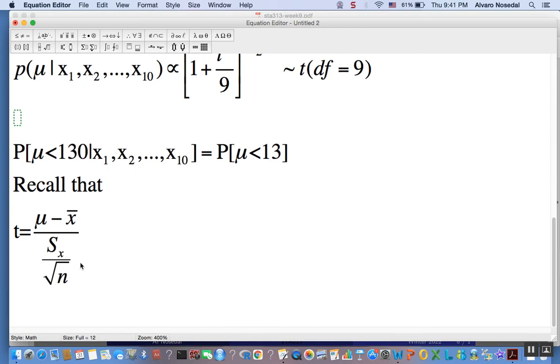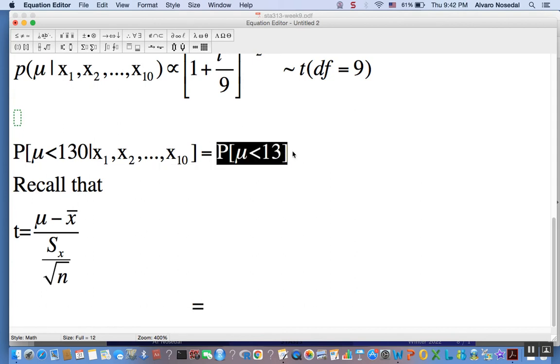So if we transform mu doing this, then we get to use those functions, or those tables if we're doing this by hand. Makes sense? So here we go. Let's use that transformation here.